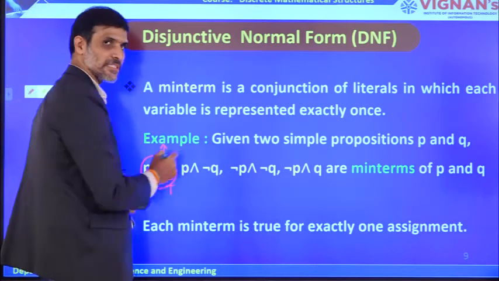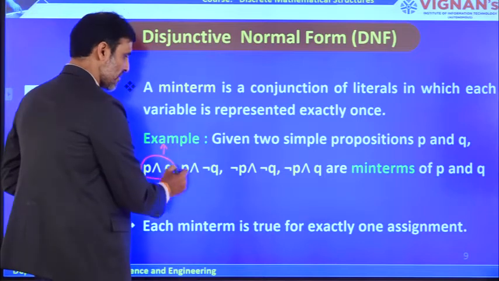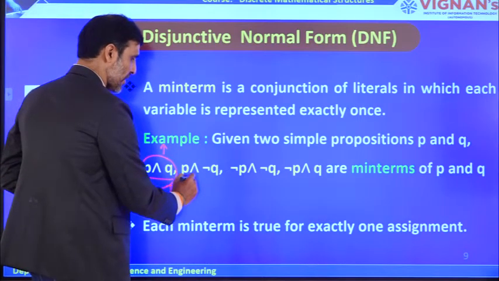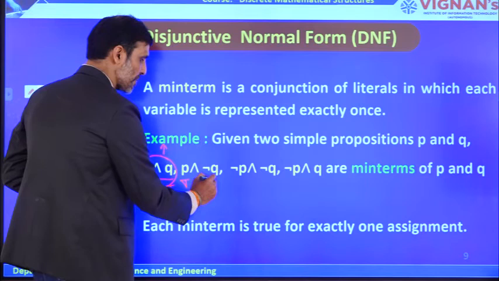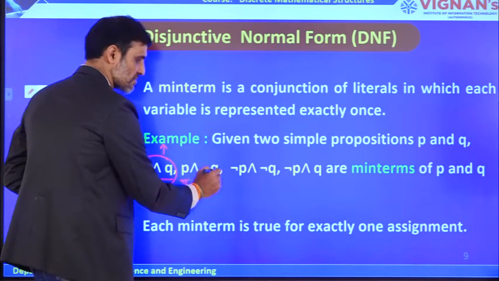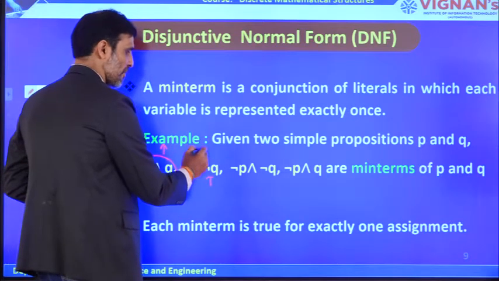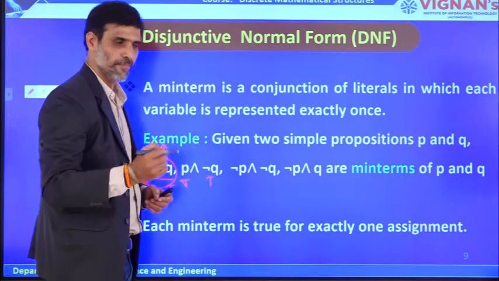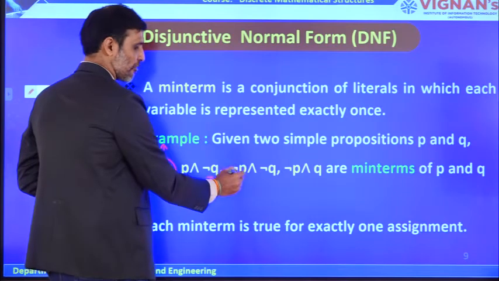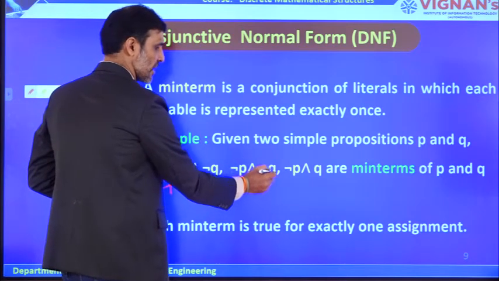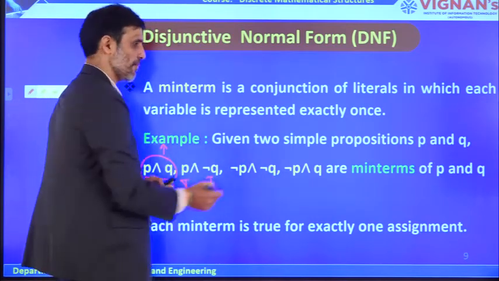Similarly, if you take the second min term, this assignment is true when P is true and Q is false. If Q is false, then negation of Q becomes true. Then this assignment will be true. Similarly, here if P is false and Q is false, then this assignment will be true.